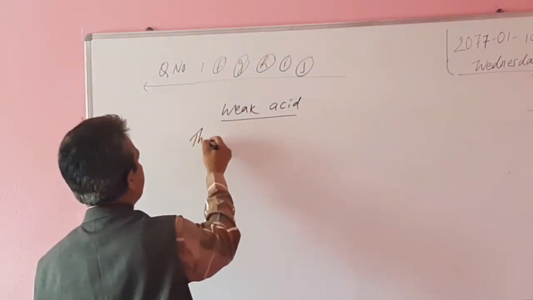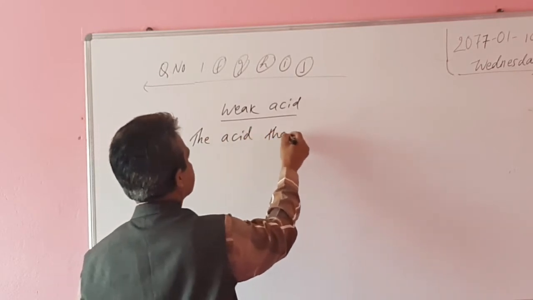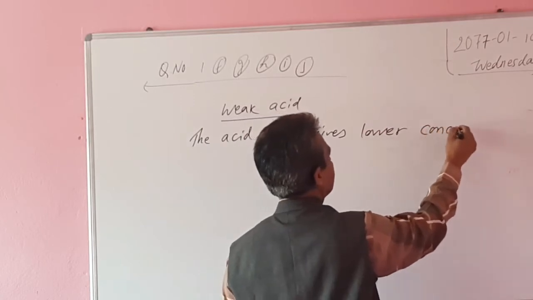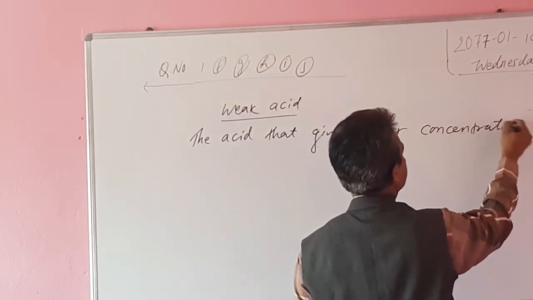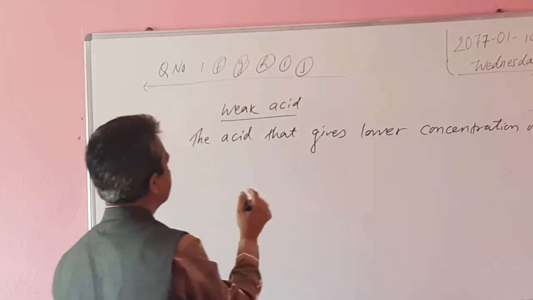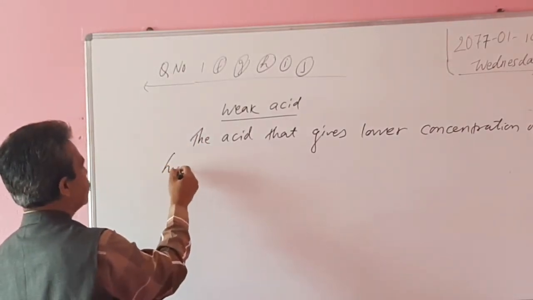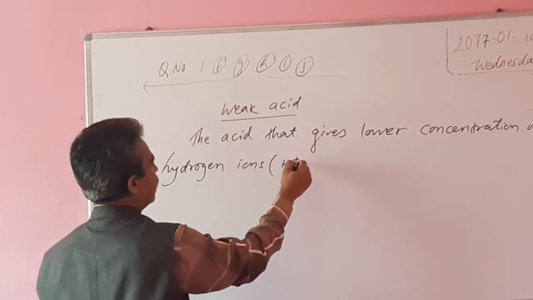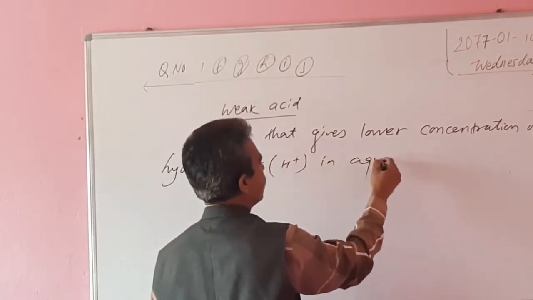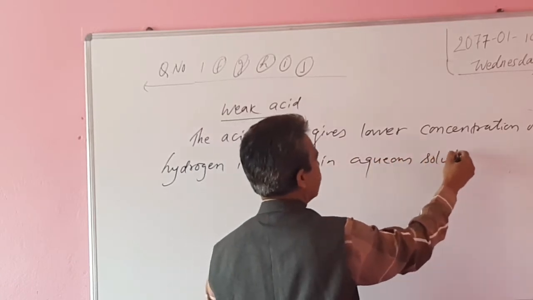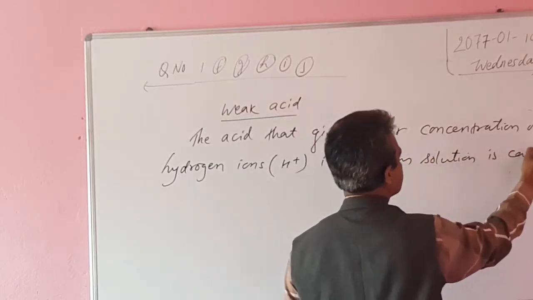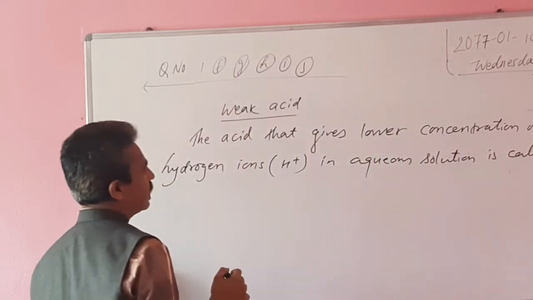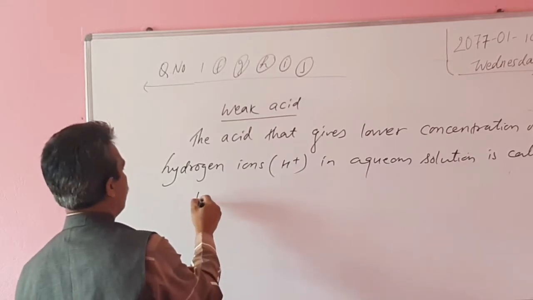The acid that gives lower concentration of hydrogen ions in aqueous solution is called weak acid.